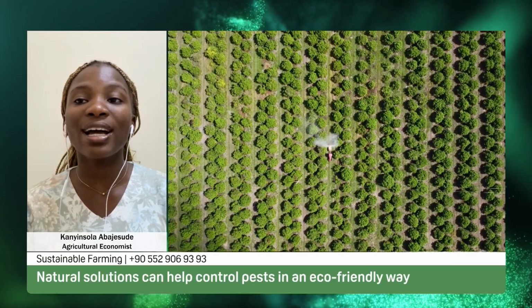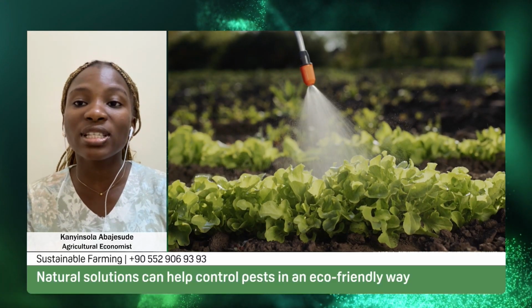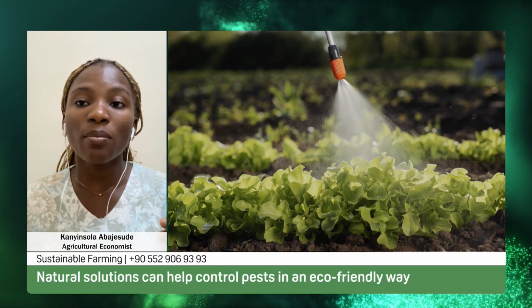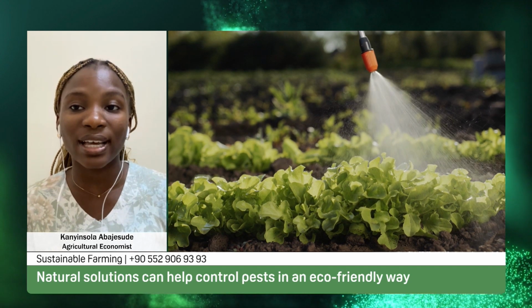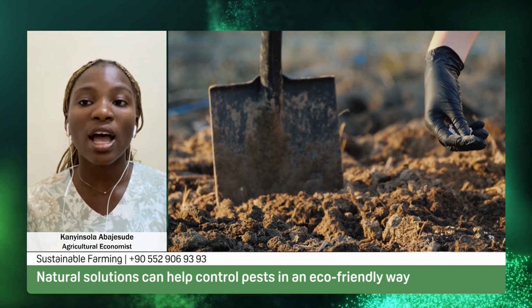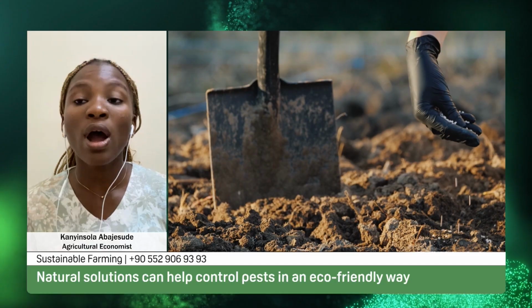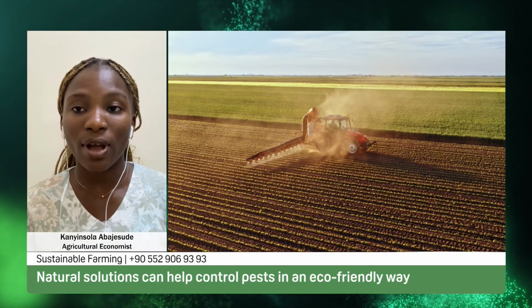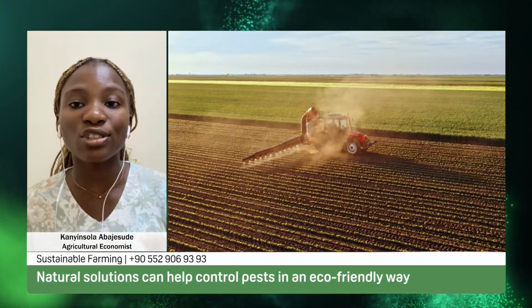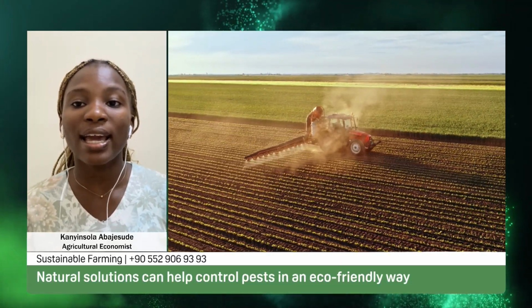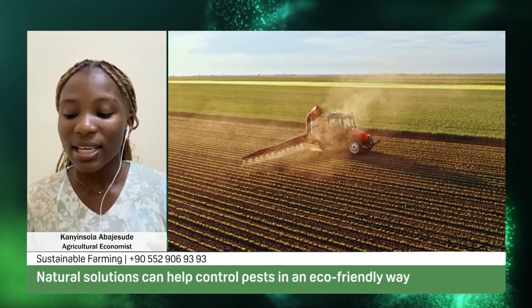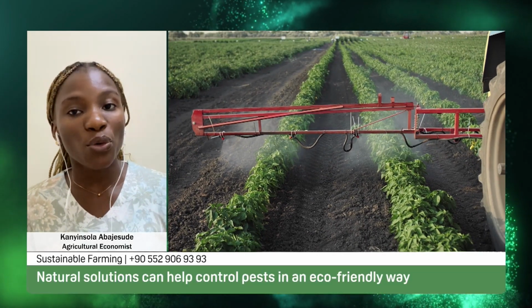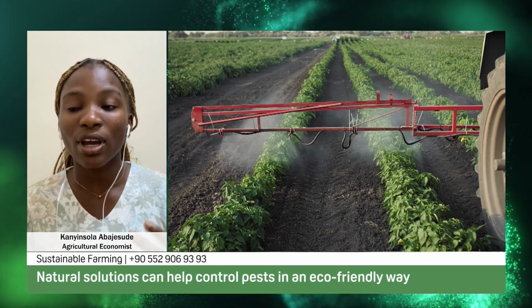So when you see some of these insects, rather than just buying a chemical pesticide, we can use these, and they are very affordable and easy to access for our farmers. So they are natural solutions that can help control pests in a very eco-friendly and safe manner.